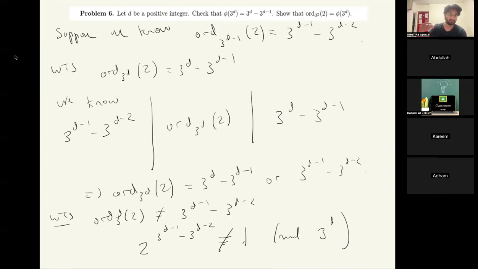So you understand that we've reduced the problem to this thing, yeah? We can just take the factor, and it's even, and then we get that 2 to the power of 3 to the d minus 2, squared, is not equal to 1.